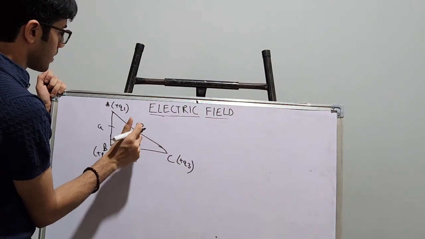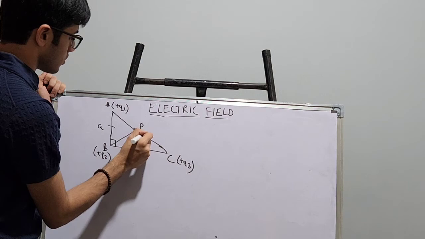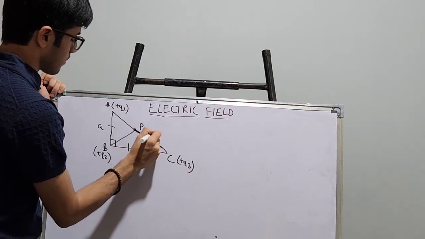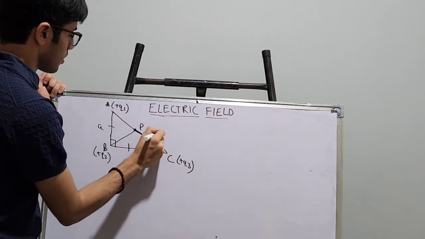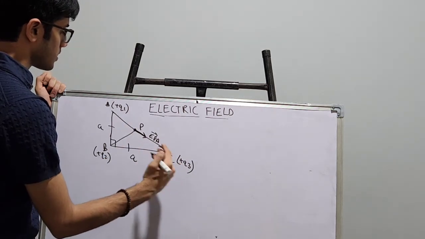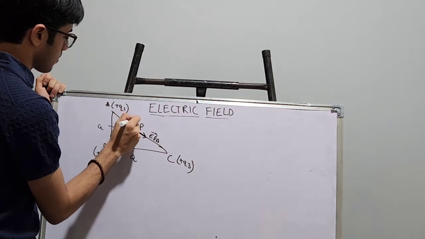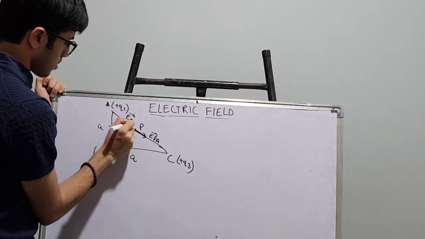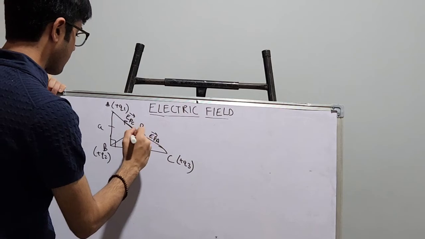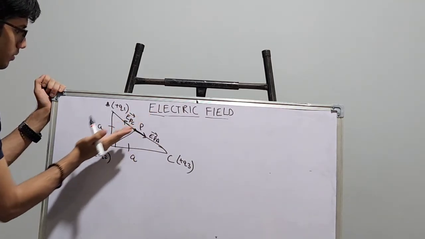So electric field on point P due to point A would be away from the charge here. Electric field on P due to A. Electric field on P due to C, again since this is plus, so away from the charge. And electric field on P due to B would be away from the charge, along the line only.